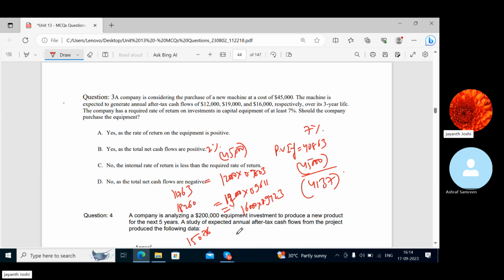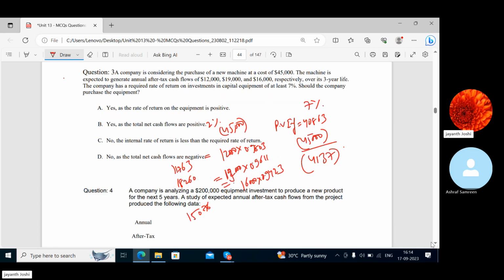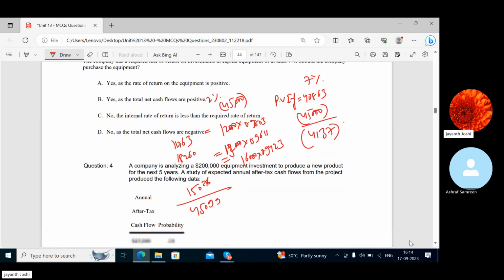Just calculate the NPV for this. We are getting 45,099, right? So this is giving us an almost negligible positive NPV, just 99.